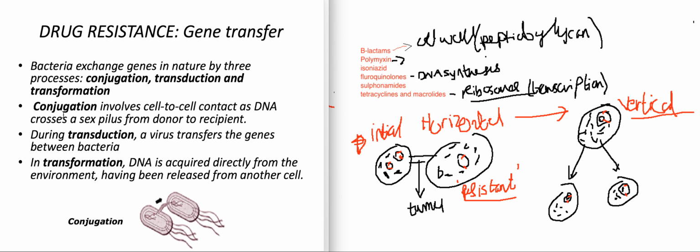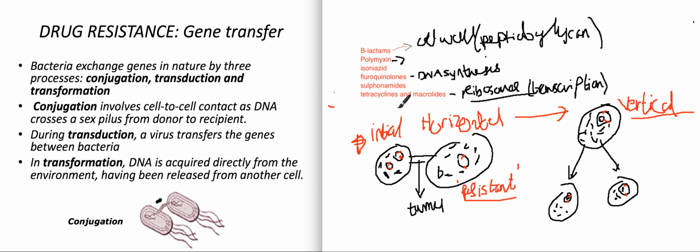Bacteria exchange genes in nature by three processes: conjugation, transduction, and transformation. Conjugation is what's shown here. It involves cell-to-cell contact as the DNA crosses sex pili from a donor to a recipient. Here's the resistant recipient, here's a donor, and here's the conjugating tube.